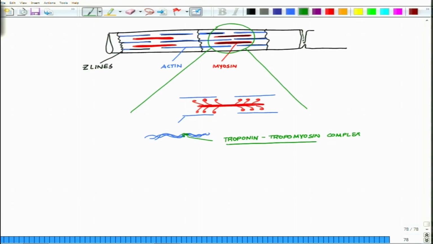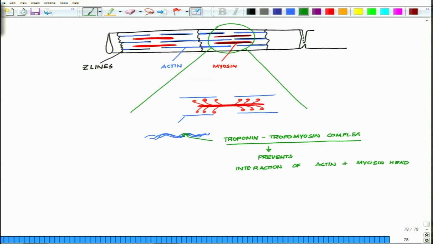This troponin tropomyosin complex prevents the interaction of actin and myosin, especially the myosin head and the actin filament.